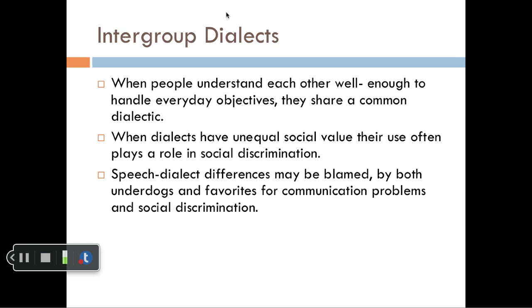And speech dialect differences may be blamed both by underdogs and favorites for communication problems and social discrimination between the groups. So the favorites can say, well, if they just learned how to talk correctly, meaning like us, then everything will be fine. That's the problem. They don't care to speak correctly, so that's why we can't give them jobs.